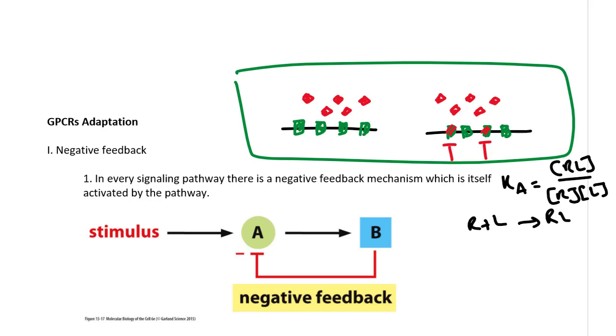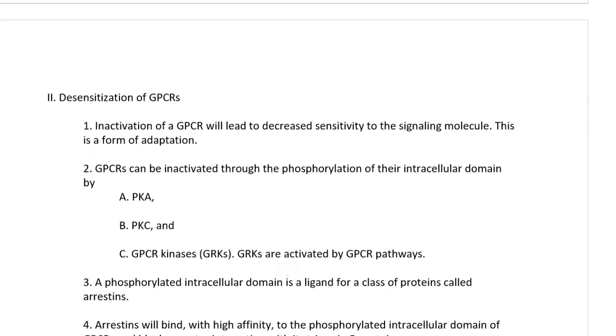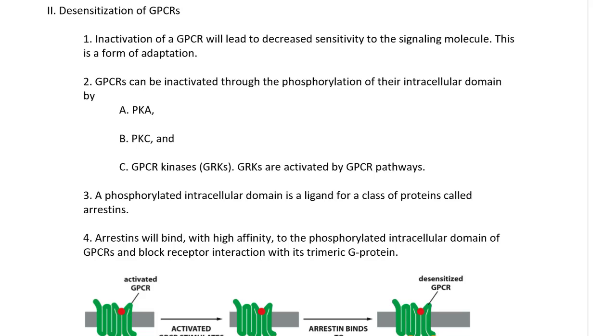The membrane is more sensitive to the signaling molecule here because there are more receptors available for it to interact with, whereas it's less sensitive here because there are fewer receptors for it to bind to. An activation of a G-protein coupled receptor will lead to a decreased sensitivity to signaling molecule. This is a form of adaptation.